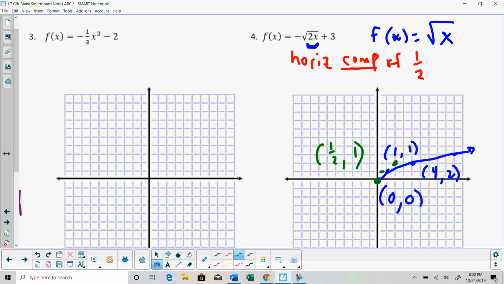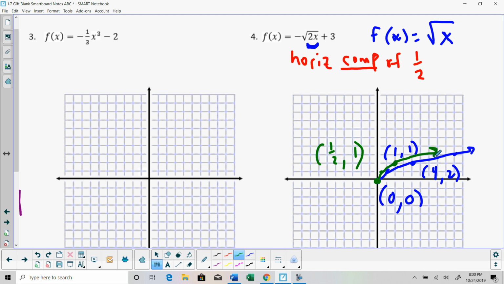And so what we're going to end up seeing is our graph is going to look something like this. It's rising up a little bit steeper. It looks like it's been pulled in towards the y-axis, which means it's a horizontal compression of 1/2.